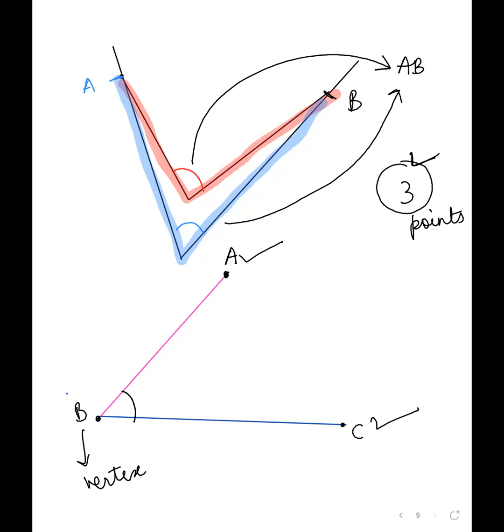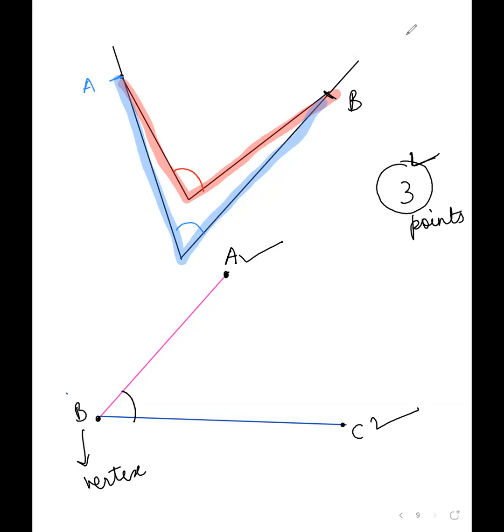This one, okay. Hiba, tell me this. How will you name the red angle? AB. Then what about the blue angle? AB. So can 2 different angles have the same name? Yes, they can.